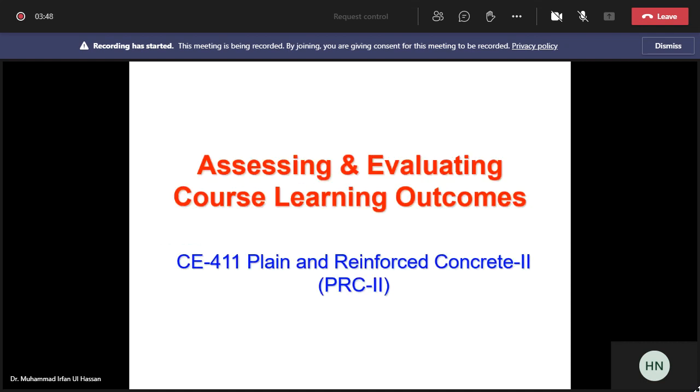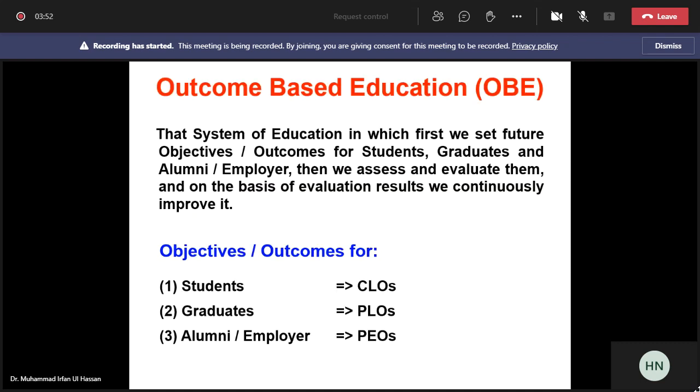In this course, of course, it is OBE based, and you are well familiar already that there are certain CLOs, and CLOs are linked with the PLOs, and PLOs are linked to the PEOs.